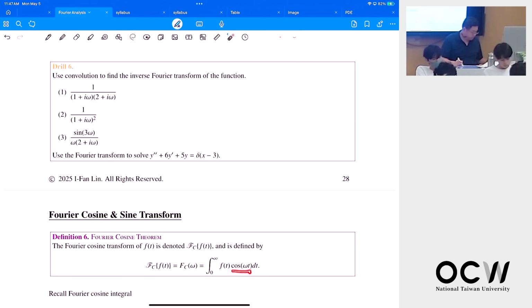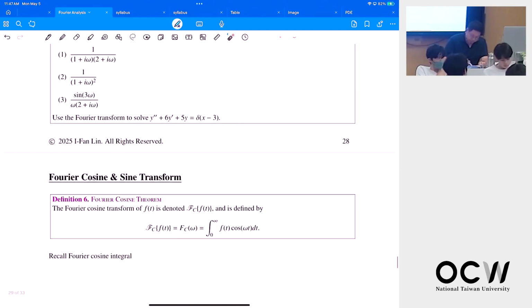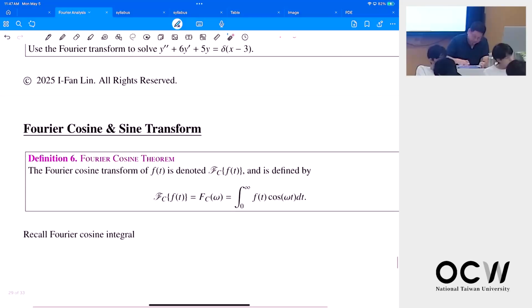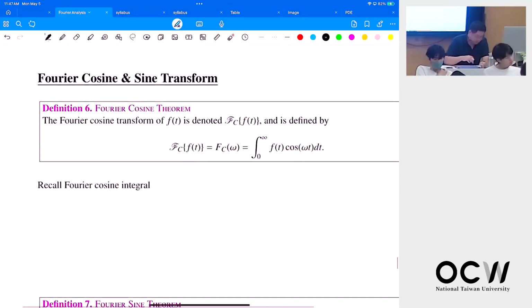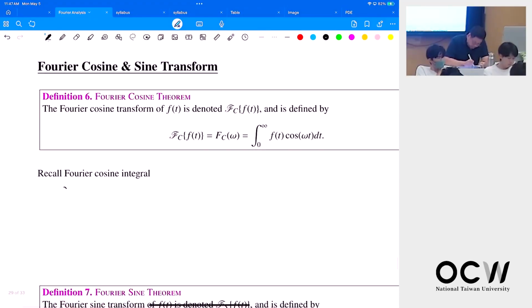Okay. So we call that Fourier cosine integral. For the Fourier cosine integral, what is a Fourier cosine integral? I have a function that is 1 over pi integration from 0 to infinity and the coefficients times cosine.